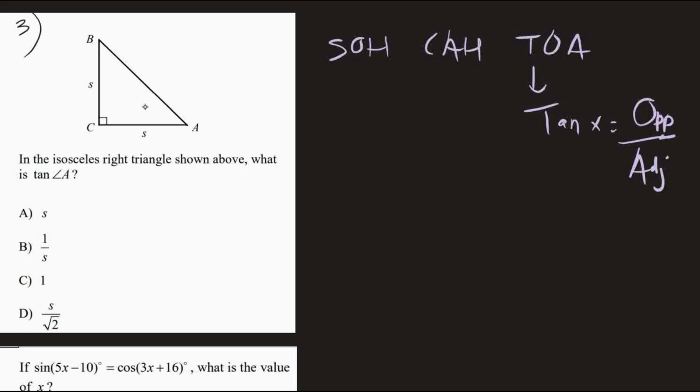Now, what is tan A? If the angle is A here, this will be the opposite side. This will be the hypotenuse, the side opposite the right angle. This will be the adjacent side for angle A. Now tan A will be opposite over adjacent.